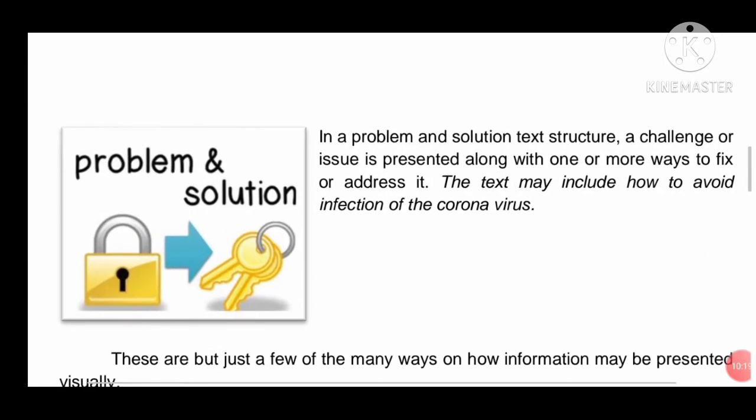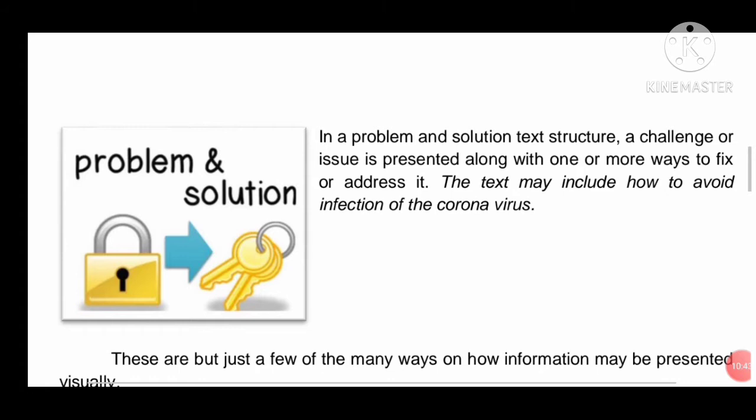Okay, next, problem and solution. In a problem and solution text structure, a challenge or issue is presented along with one or more ways to fix or address it. The text may include how to avoid the infection of the coronavirus. Of course, now very basic, when we say problem and solution structure, it only means that we need to provide a solution to the problem.